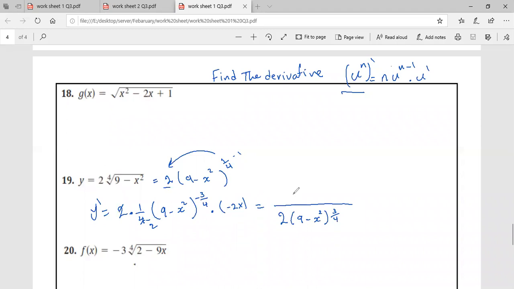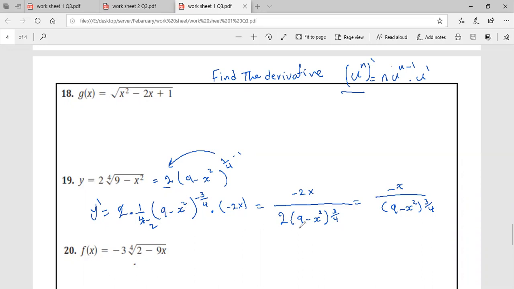As you see, in negative 2x I have to simplify it, by any way that you learned before. So it will be negative x over 9 minus x squared all to power 3 over 4. Look here, I have multiplied 2 by one quarter, which will be a half.